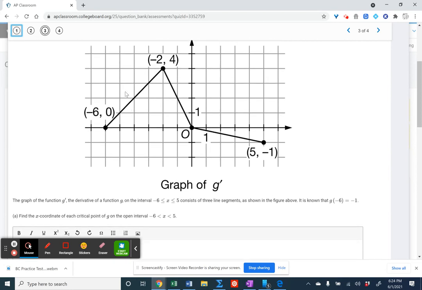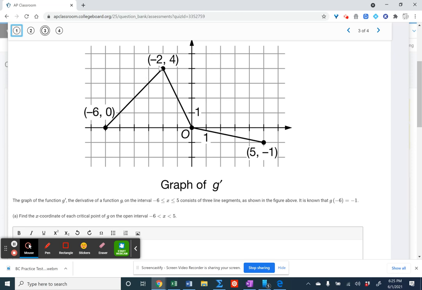Now g increases from negative 6 to 0 because g prime is positive, and then g decreases from 0 to 5 because g prime is negative. And so the minimum has to be at one of the endpoints.